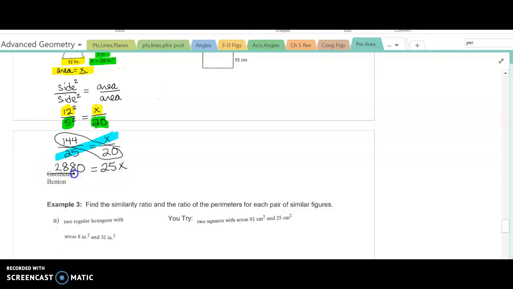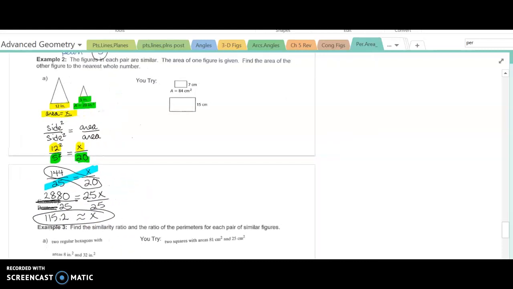Now I have an equation that I'm trying to solve. I'm trying to get x by itself, so I'm going to divide both sides by 25. 2,880 divided by 25, x is 115.2. That was the area of the big triangle.